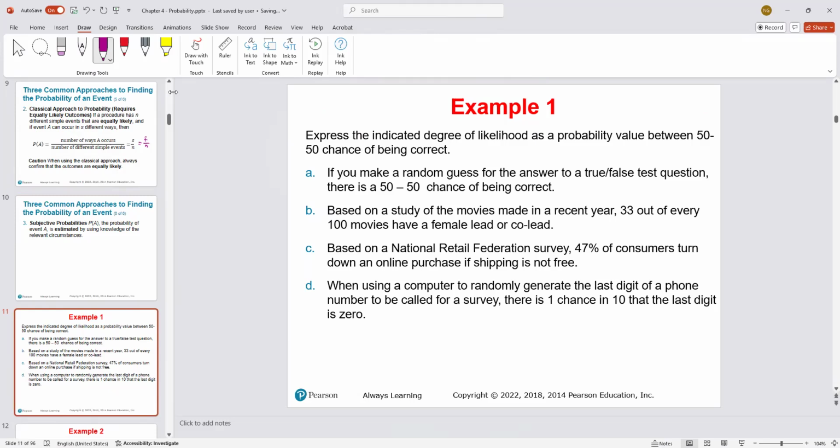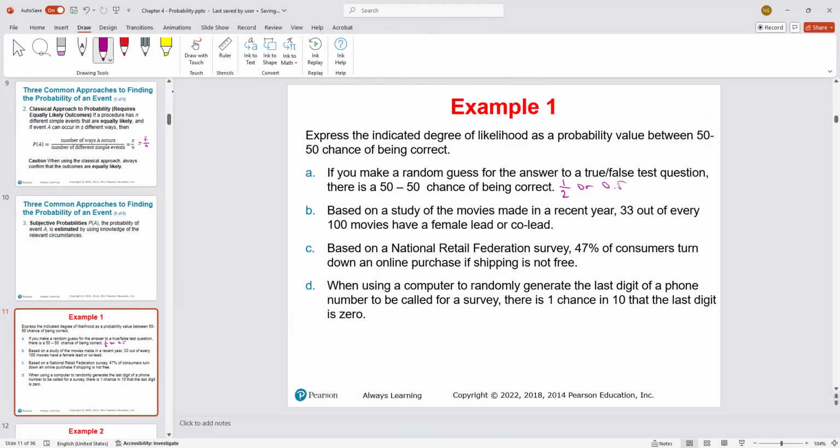For example, if you make a random guess for the answer to a true or false question, there is a 50-50 chance. What do you have for true or false? Is it easy to find? Yes, true or false is a 50-50. One out of two. Or you can write it as 0.5, because it's one out of two possibilities for each of them.